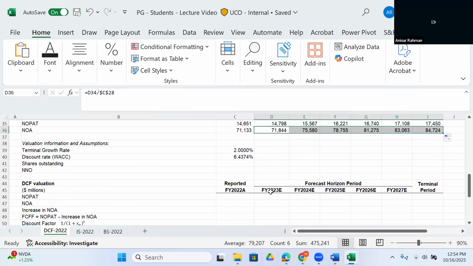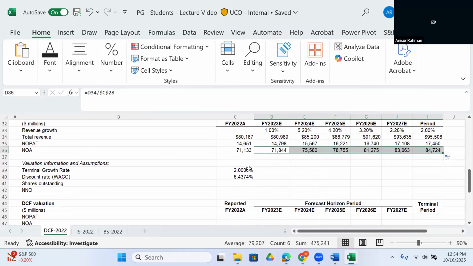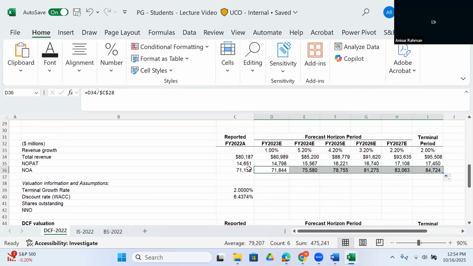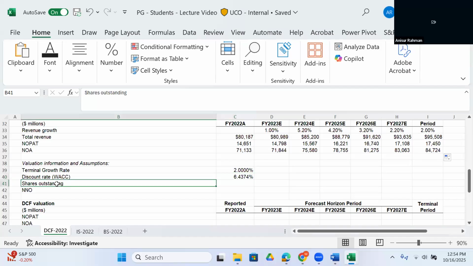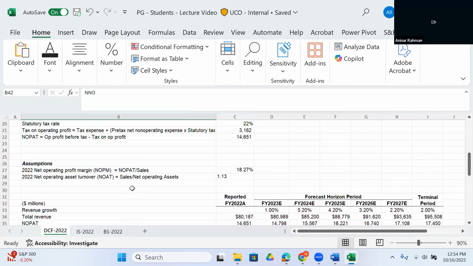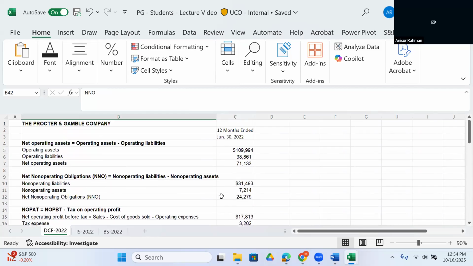Okay. For this problem, we are using a terminal growth rate of 2% for this company and discount rate of 6.4374%. Shares outstanding, net non-operating obligation, which we have already calculated here.